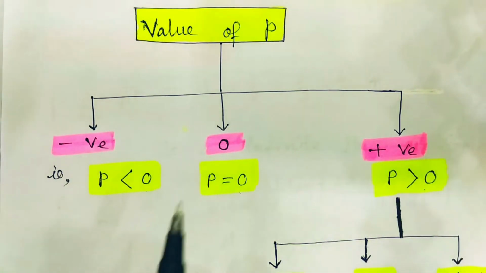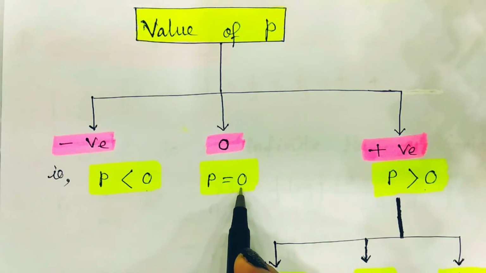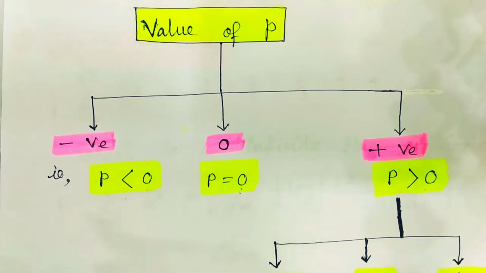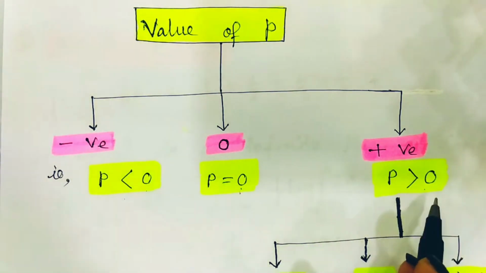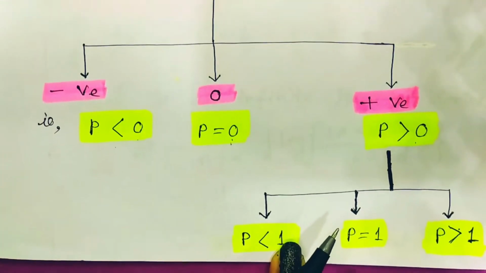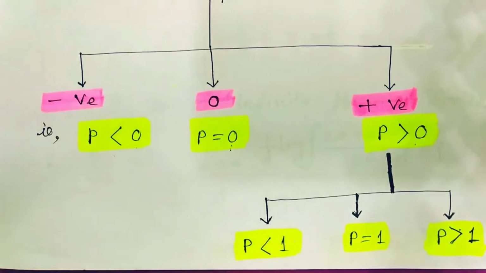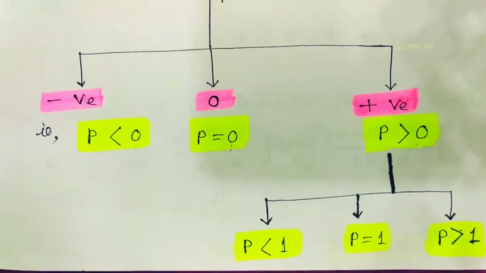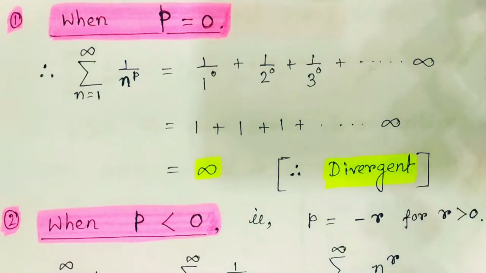So we analyze what happens when P is 0, when P is less than 0, and when P is greater than 0. When it is greater than 0, again we create three situations: one is if P is exactly 1, another is P less than 1, and P greater than 1. So for all those P values we analyze the P series and its behavior. So let us discuss it one by one.